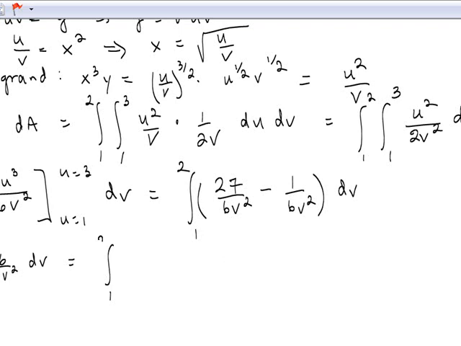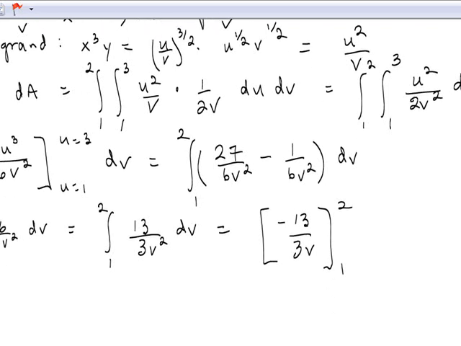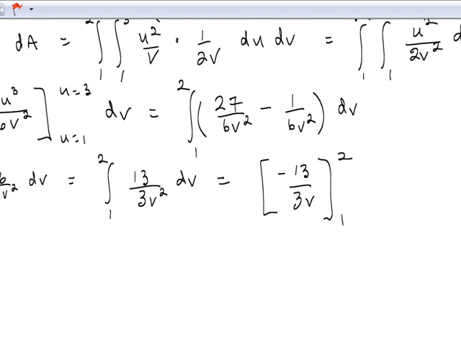Let me simplify this to 13 over 3v squared dv. And when you integrate this, you get minus 13 over 3v from 1 to 2, which is equal to minus 13 over 6 plus 13 over 3, which gives us 13 over 6.